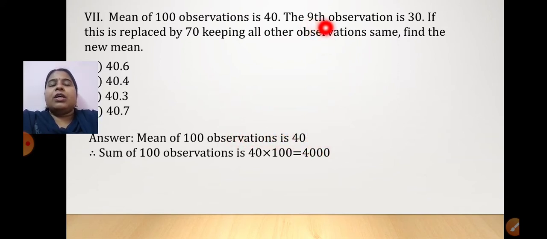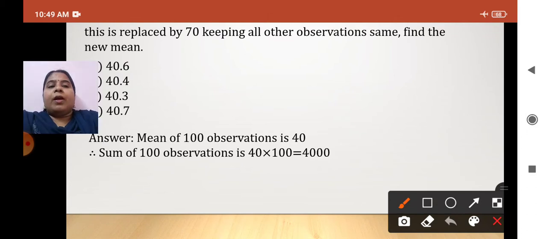Now in this, the ninth observation is 30, even that is included here. The ninth observation is 30. If this is replaced by 70, keeping all the observations same, find the new mean. Now this 4000 is including all the observations, that is 100 observations.